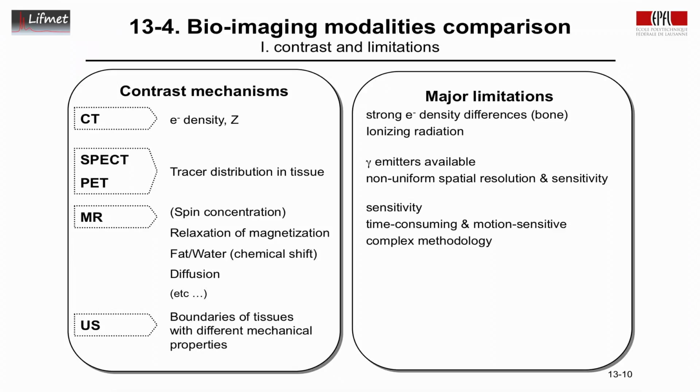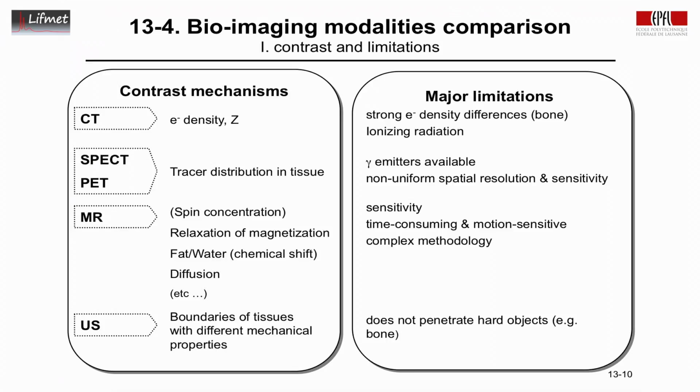Lastly, the ultrasound technique, which we introduced at the beginning of module 1 of this course, detects the boundaries between two tissues with different mechanical properties from the acoustic impedance. That is what determines the creation of an echo.